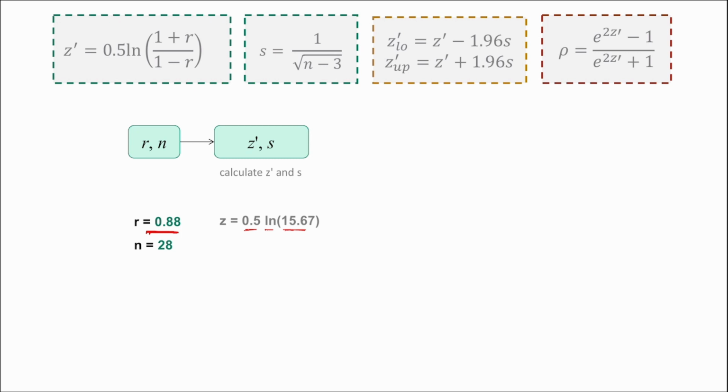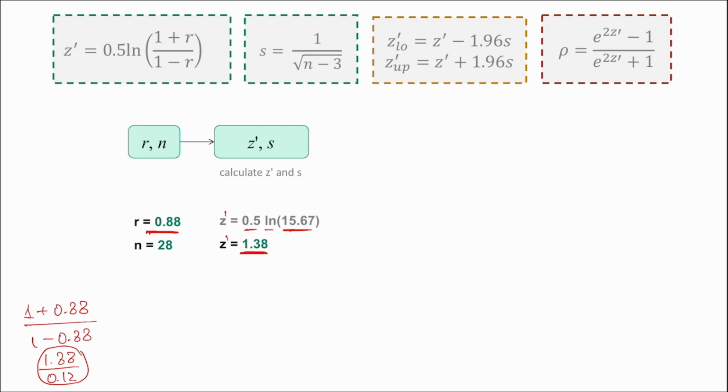Where does this 15.67 come from? You remember it's 1 plus 0.88 over 1 minus 0.88, right? So it gives you 1.88, and here we have 0.12. If you take this ratio, you will get exactly 15.67.